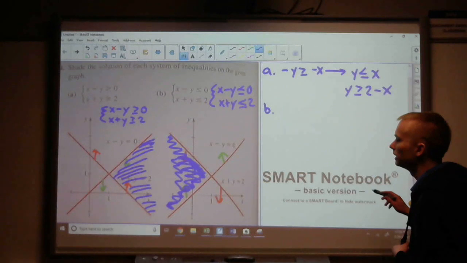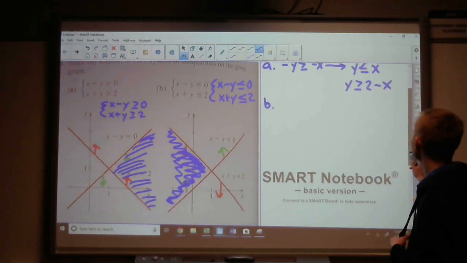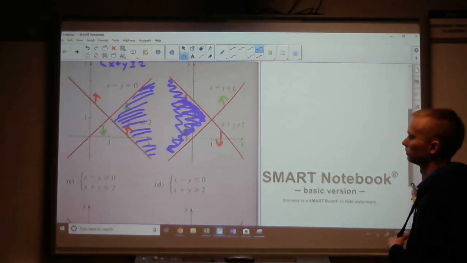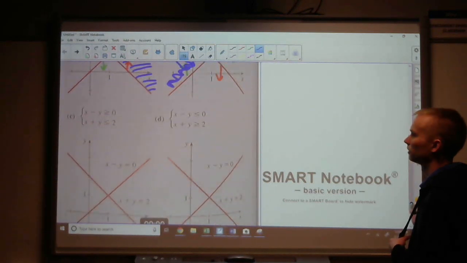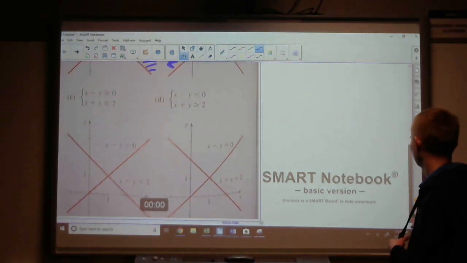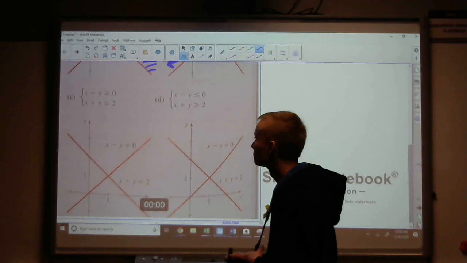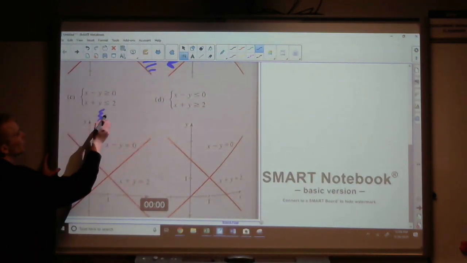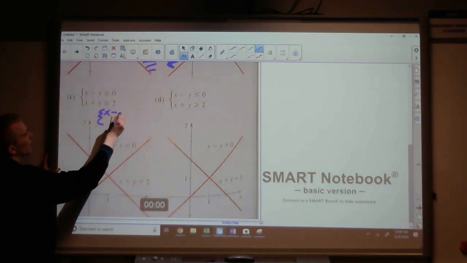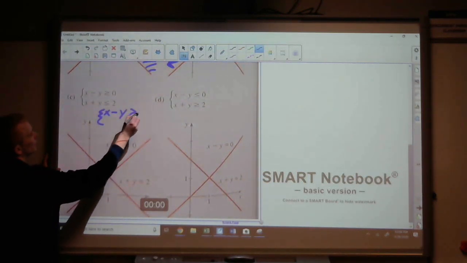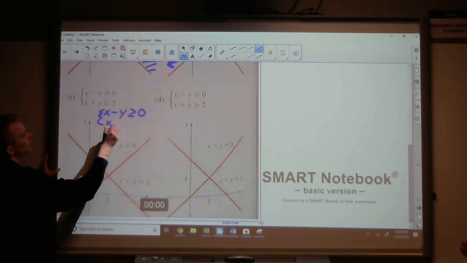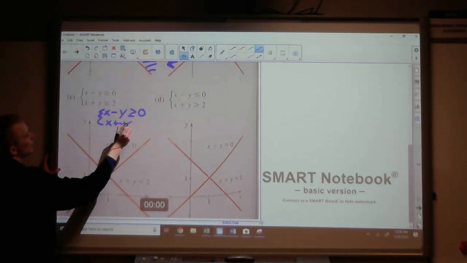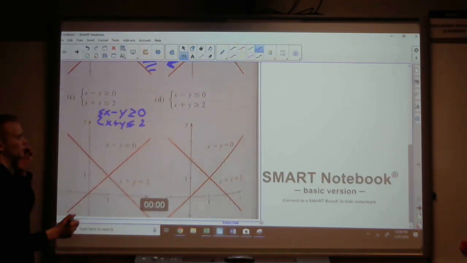Let's look at C and D. Oh, this is really lagging. Okay. So in case you can't see, I'll rewrite these inequalities. x minus y is greater than or equal to 0, and x plus y is less than or equal to 2.